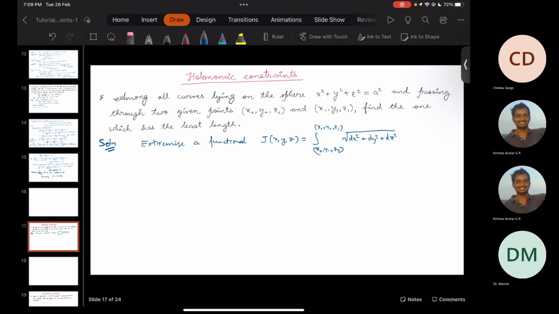Mind you, this gives us the length, an infinitesimal length between two points which are infinitesimally close to each other.